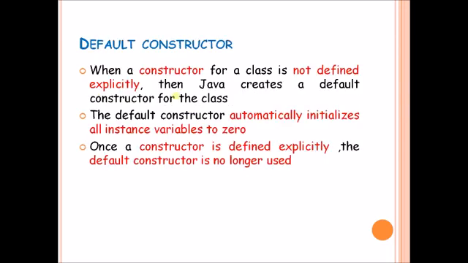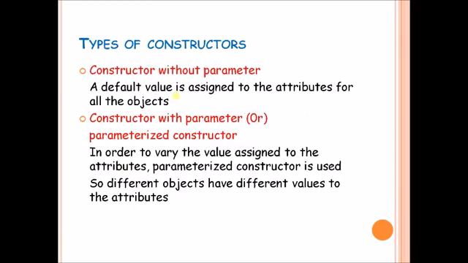The next would be default constructor. So in case there's no constructor defined explicitly, then Java will create a default constructor of its own, and here all the attributes will be initialized to 0. There are two types of constructors, with and without parameter. Without parameter is just the normal constructor. With parameter is the parameterized constructor.